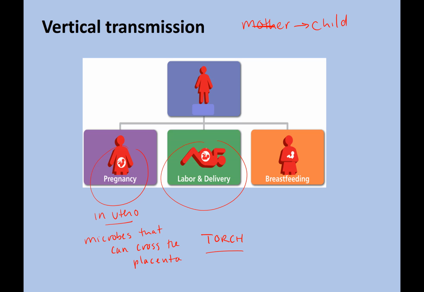Transmission during labor and delivery. So as the child passes through the birth canal, it starts to be colonized by normal flora, primarily bacteria and some yeast, but viruses can also be transmitted. And then there are some viruses that can be transmitted through breastfeeding.